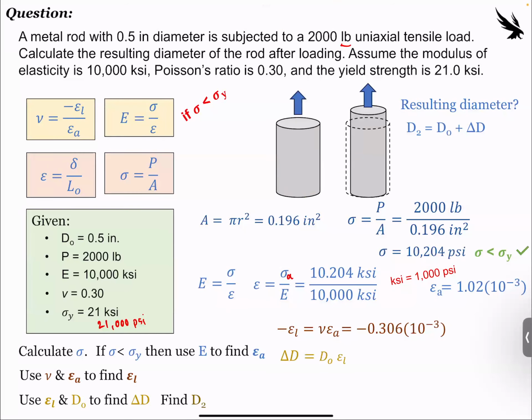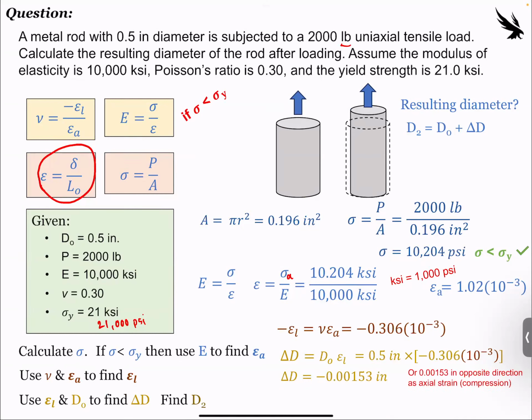So that we can calculate the change in diameter, knowing that this is equal to the original diameter times our lateral strain. That's literally just taken from this equation here, but instead of length, we have diameter. Instead of that little delta, I'm just putting in delta D for that change in diameter. If we do this math out here, we get a pretty small number, which makes sense.